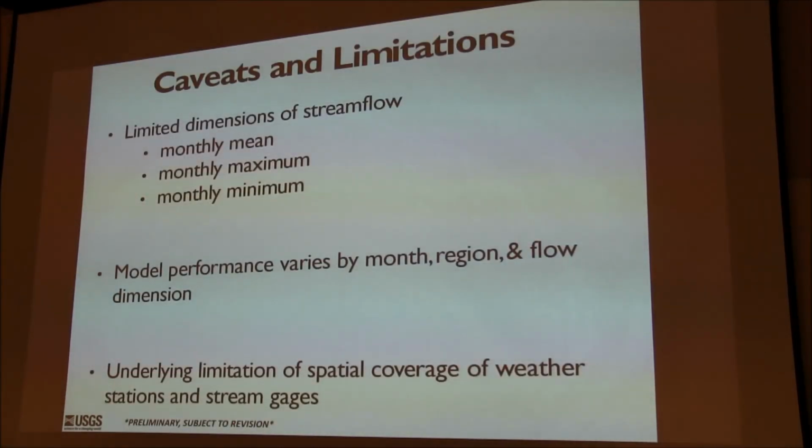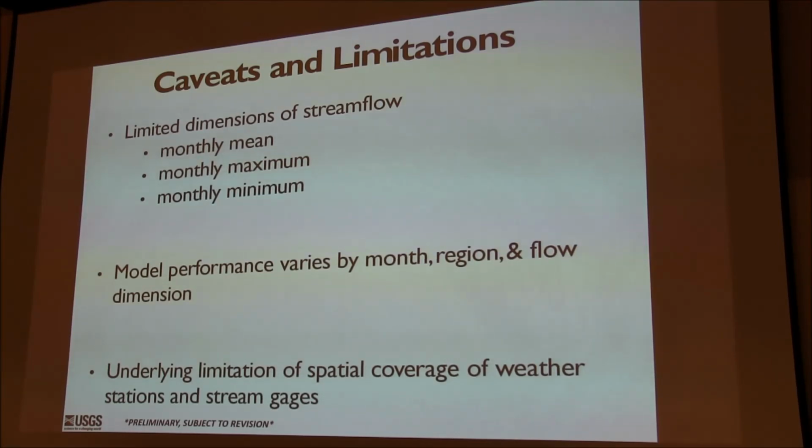So just some caveats and limitations of this. We're using fairly limited dimensions of streamflow here. We're looking at mean, maximum, and minimum, and you're going to want to keep those in context. The other thing is that the model performance varies quite a bit between the month that you're looking at, the region, and the flow dimension.